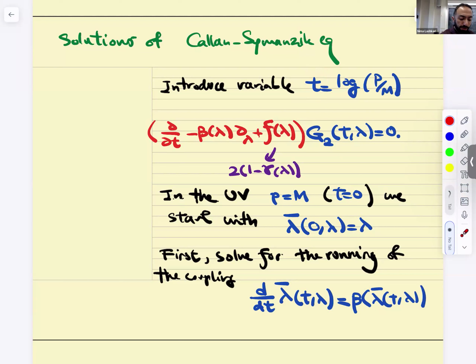So in this example, what you end up with is ∂_t, this log is there so that this is ∂_t, minus beta of lambda ∂_lambda plus f of lambda. And this was just 2 times (1 minus gamma of lambda). Do you remember what this term is for?